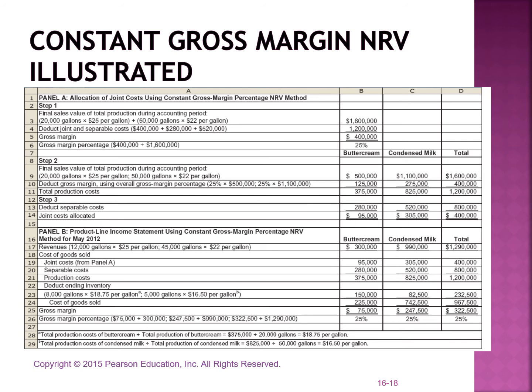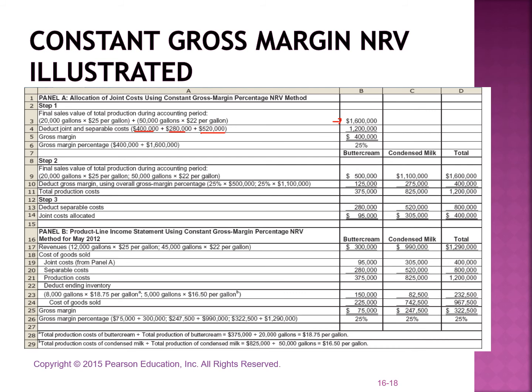And here we are dealing with the numbers as totals. Okay, so actually this is the final sales value. I will subtract the joint and separable cost as we did last. The 400 is the joint cost, 280 and 520 is the separable cost that was given.